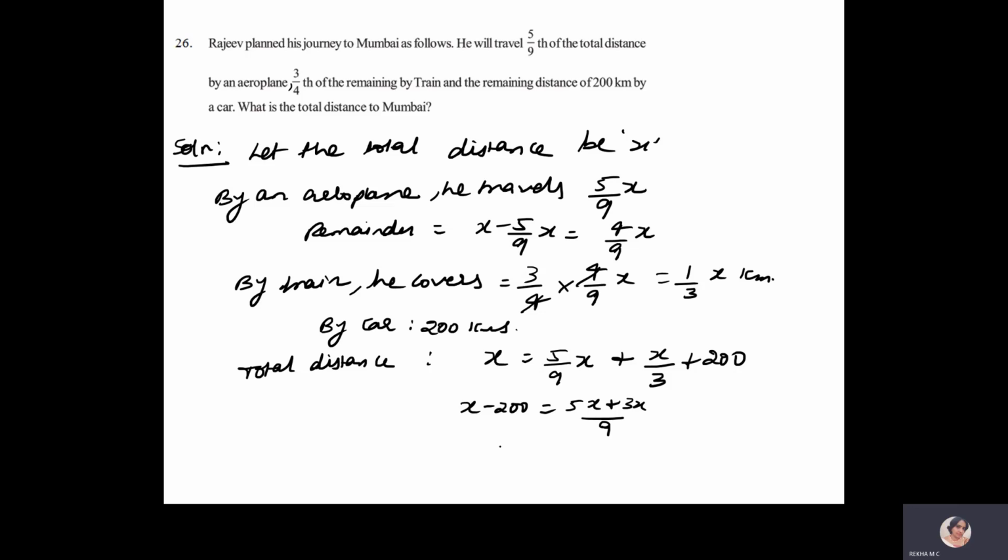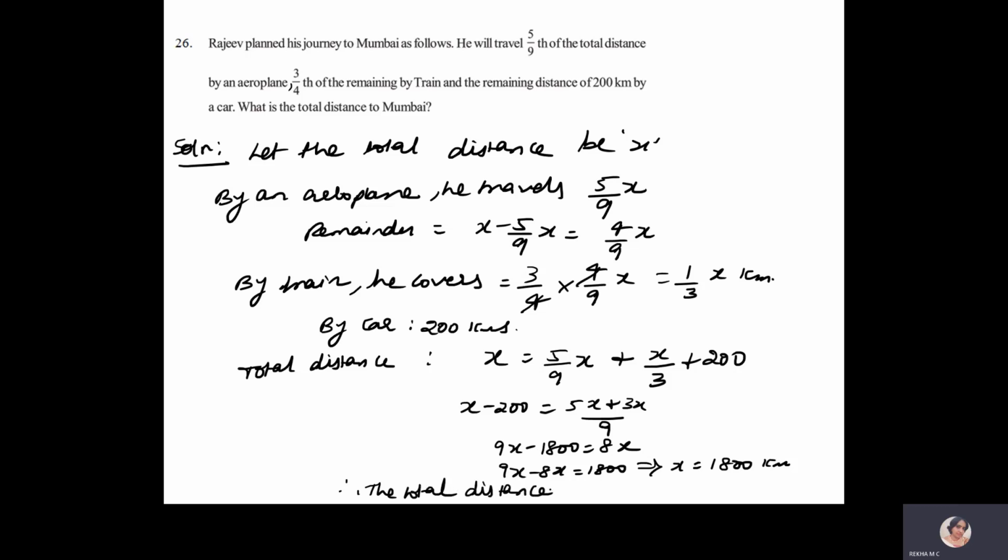So cross multiply, I'll get 9x minus 1800, 9 into 2, 18. So 1800 is equal to 5x plus 3x, that is equal to 8x. So 9x minus 8x is equal to 1800. That implies x is equal to 1800 kilometers.